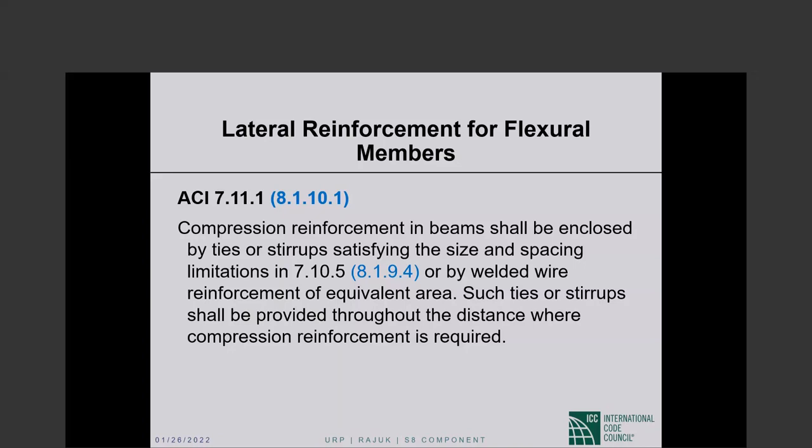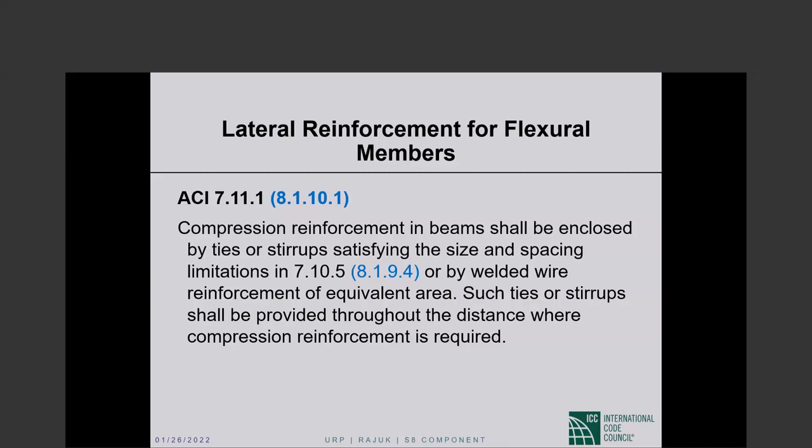Typically, there is reinforcement at the bottom. If it is seismic construction, we insist on having reinforcement at the bottom, continuous reinforcement, and be that as it may. The bottom reinforcement should be considered as compression reinforcement if it is required to carry compression.